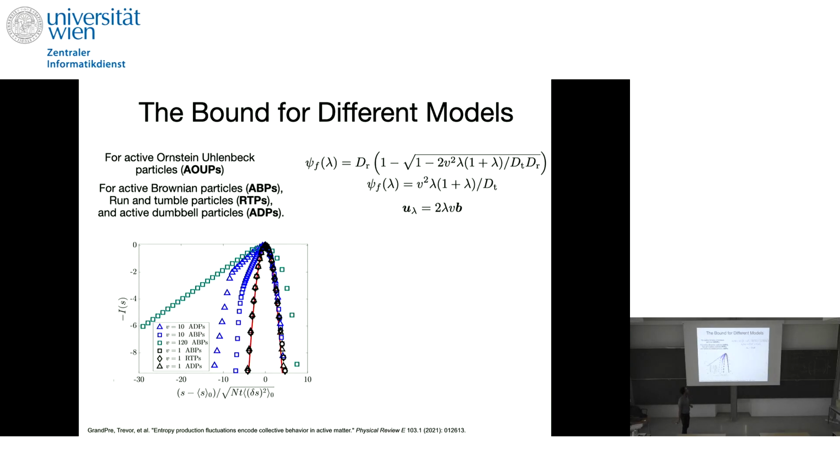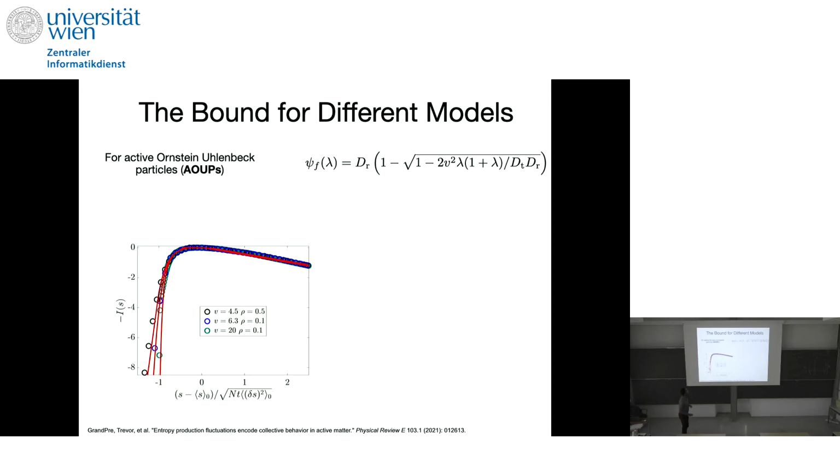Okay. So for AOUPs, this is the form, what it looks like for the non-interacting case. We were able to solve it exactly by solving that eigenvalue equation. This is the largest eigenvalue. And here are the results for three different magnitudes of the self-propulsion and three different densities.